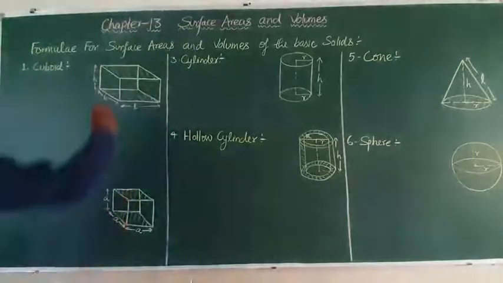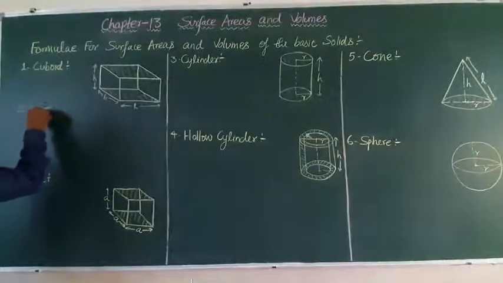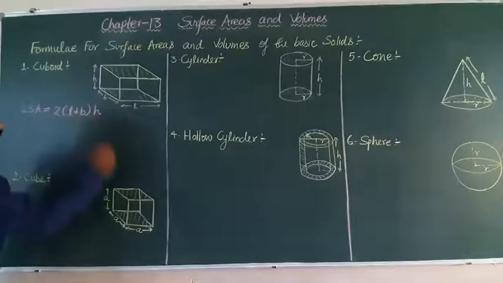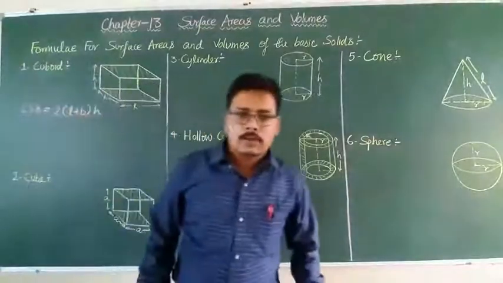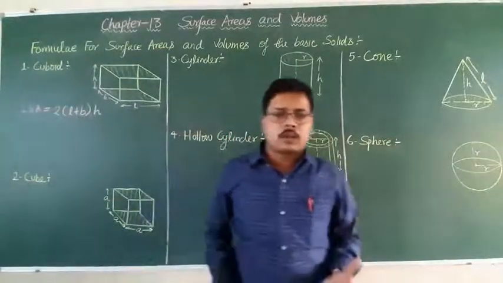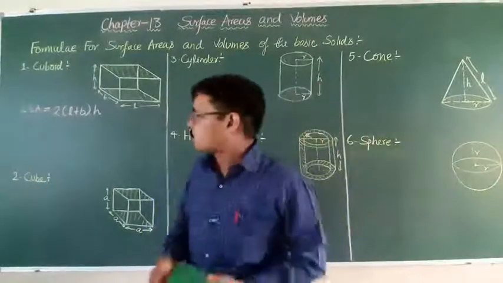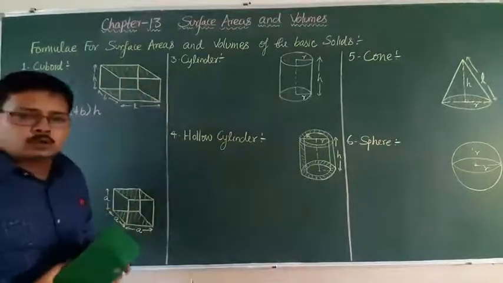Then for the lateral surface area of the cuboid, it is 2(L plus B) into H. Lateral surface area, you know very well, is the sum of all areas excluding top and bottom. So in this case, top and bottom are excluded.